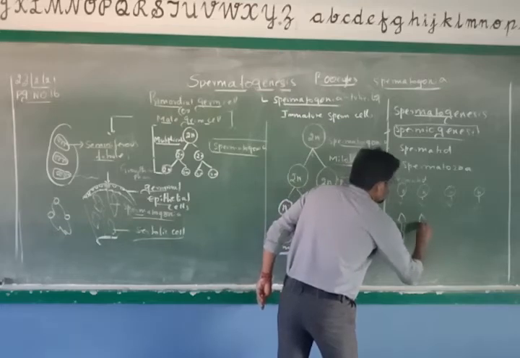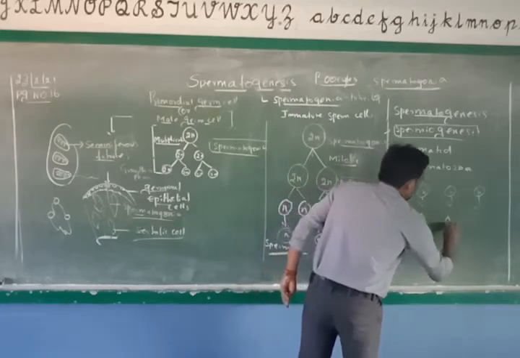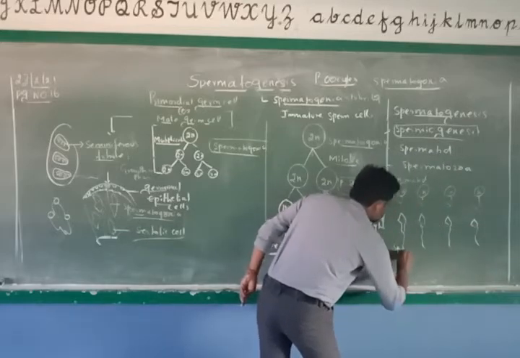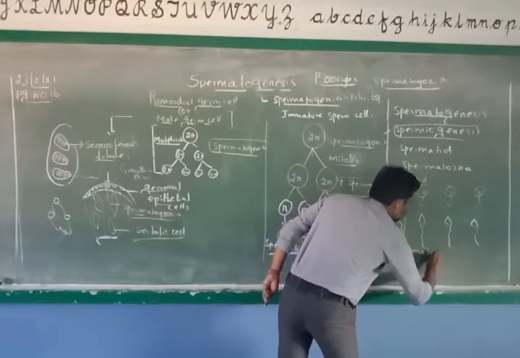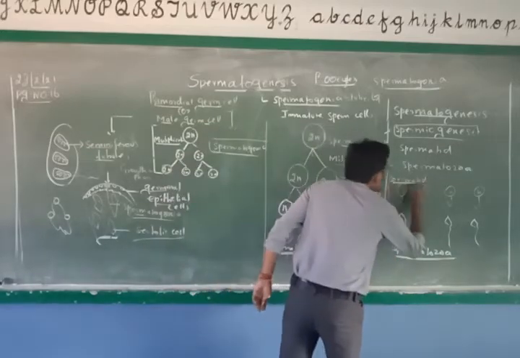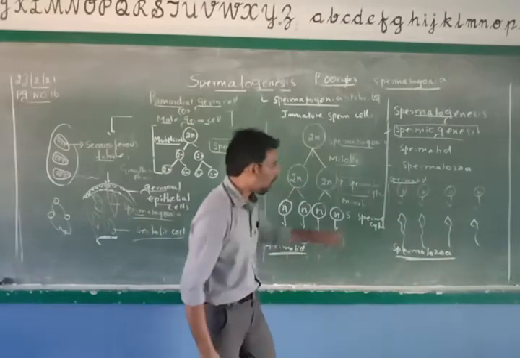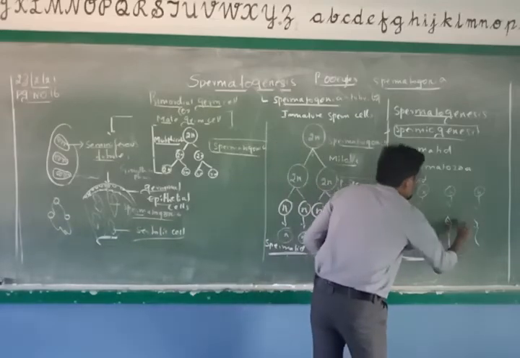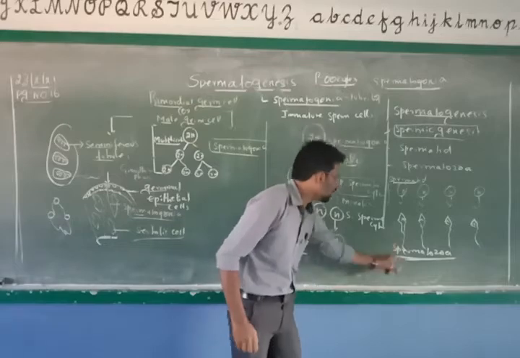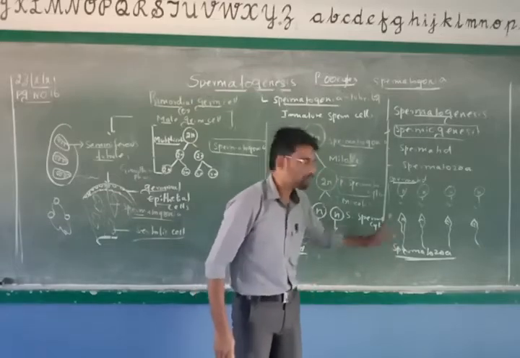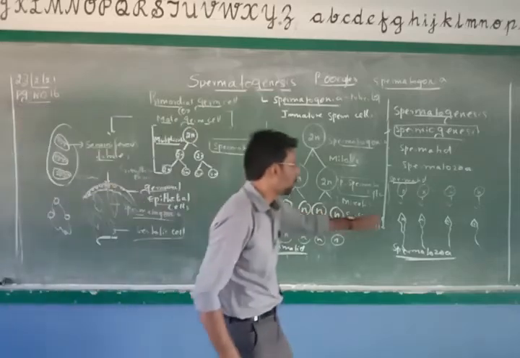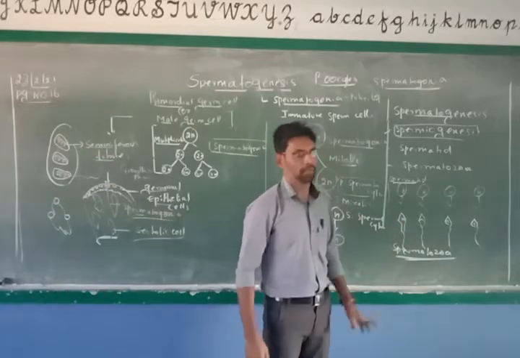So like this, the sperm cells are formed. These are called the spermatozoa. The difference between spermatid and spermatozoa is that all are haploid, but the spermatid is round, circular, whereas the spermatozoa have structures for movement. That means it is differentiated into a neck and a tail part.